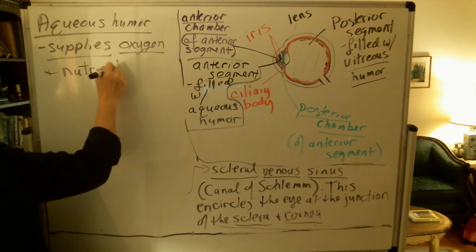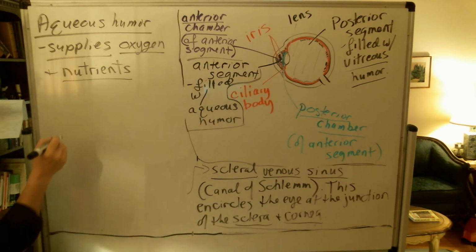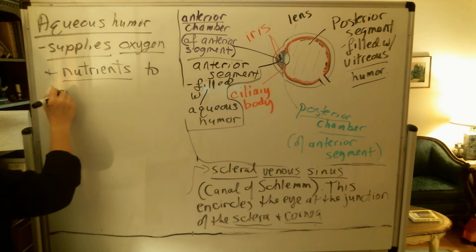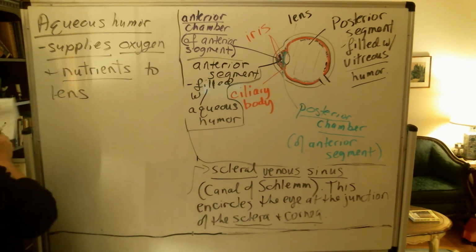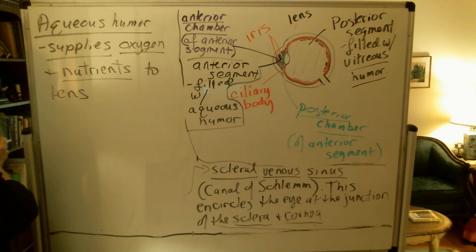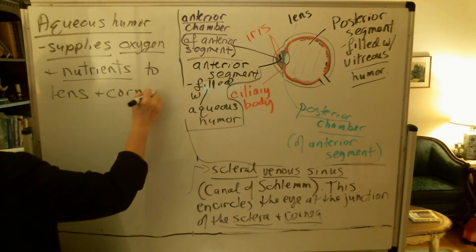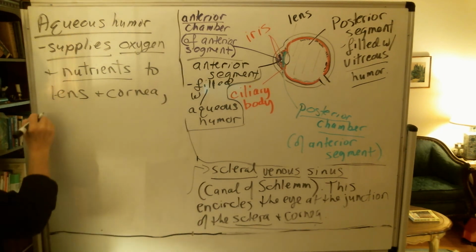That is to say, it basically performs the functions of blood to the lens and cornea, and like blood, it drains the wastes.